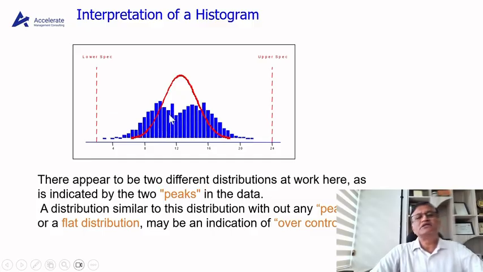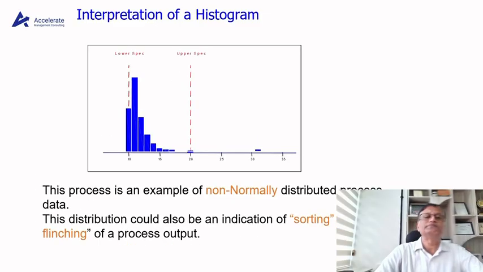If you are getting this kind of data, you have to segregate your data for different sets of processes and then run the histogram again. The data can be of two shifts, two different times, or two different processes altogether.